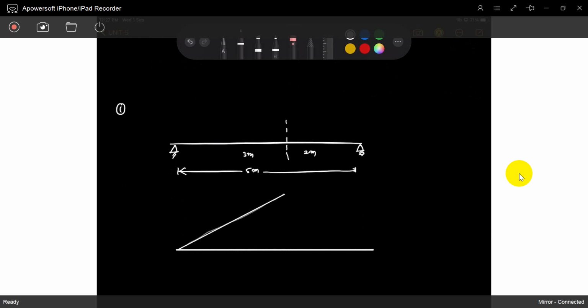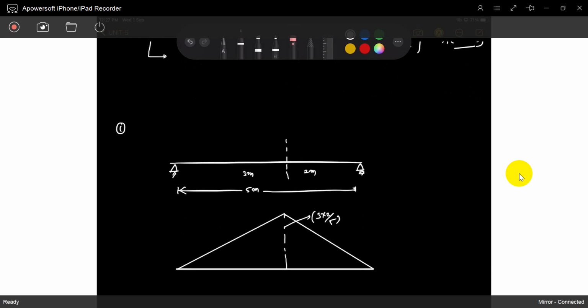ILD for 3 into 2 by 5. So the loading is 4 loads: 150, 400, 150, 250.